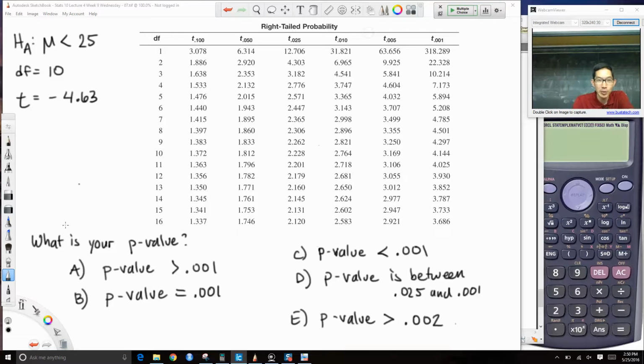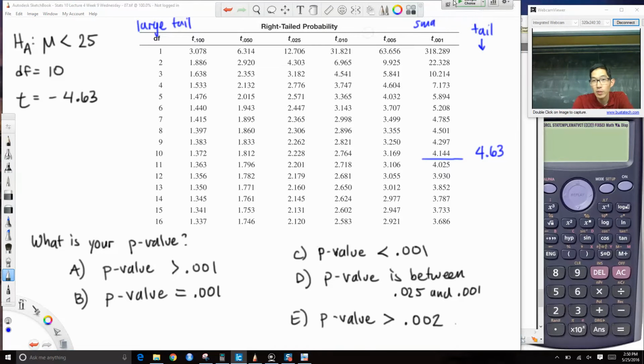All right, so we've got 10 degrees of freedom, and we're going to ignore the negative sign, and we say 4.63 fits over here. Which means our corresponding tail will go over here. If we look at the column headings, we'll see that we have large tails over here and small tails over here.